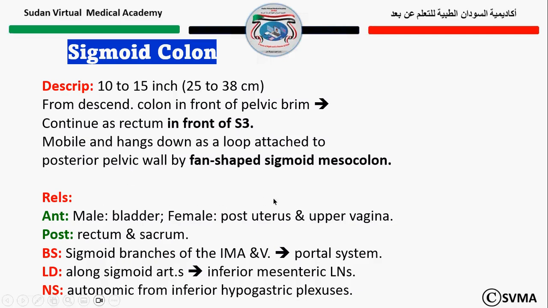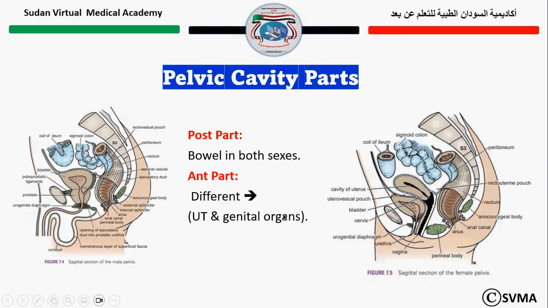The relations, we always in anatomy try to imagine the relations. If you imagine the relations, it's better than keeping them, because if you keep them, you will forget them. But if you look at the picture, I'll show you one picture now. The sigmoid colon has in front of it the bladder in the male, but as we said, in the female, the genital system goes between.